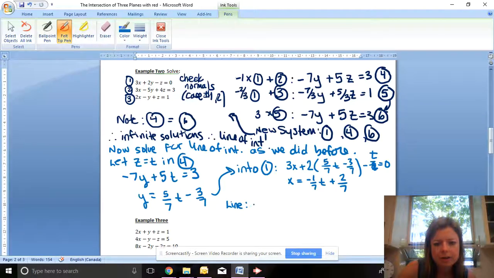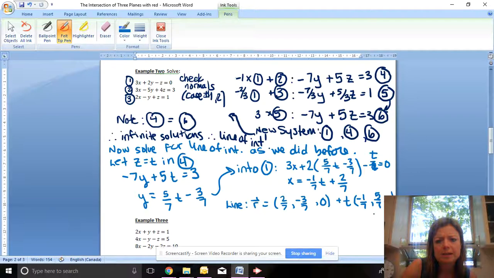So if I wanted to write the vector equation, it would be 2 over 7 is the coordinate here, and then negative 3 over 7 is the coordinate there, and then 0 is the z coordinate, and I would be adding t, our parameter, and then my direction vector is minus 1 over 7, 5 over 7, and 1.